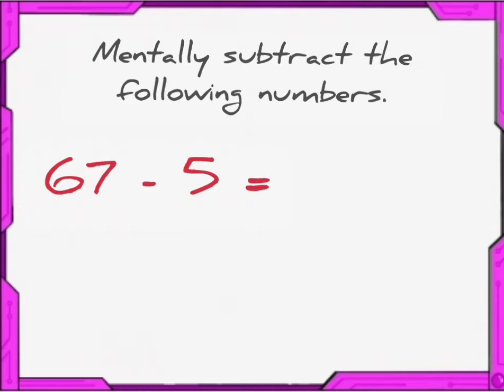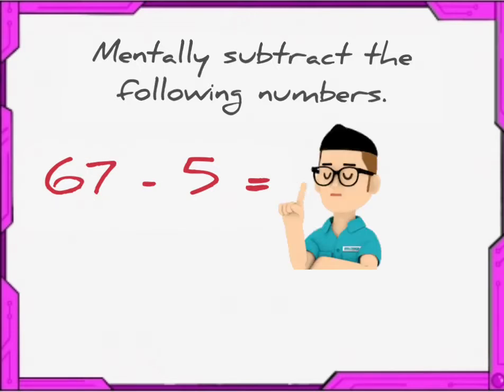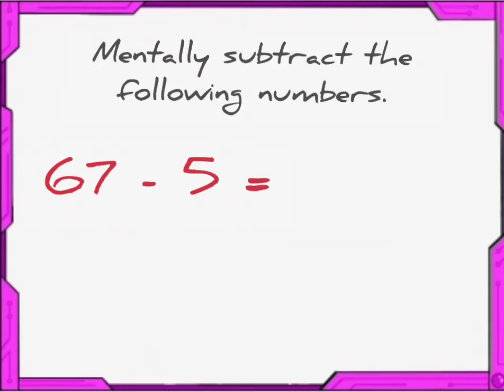We can see that the 7 is the digit in the ones place. So we can't break the 5 with the number 7 because 7 is bigger than 5. In this case, what we are going to do is just minus 5 from 67.